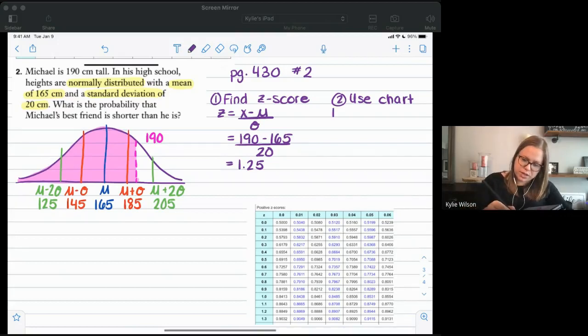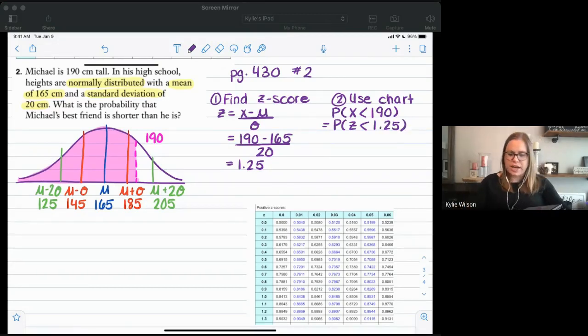And so now I'm going to use my chart to find that value. So I'm looking for the probability that a student's height is less than 190. I already standardized it, so instead of using X's, I switched everything to z-scores. And the z-score of 190 is 1.25. So it's 1.25 standard deviations above the mean. And now to find this, I use my chart. I start by looking for the first 2 digits, and those are right here. And then I look at the third digit, which is right here.